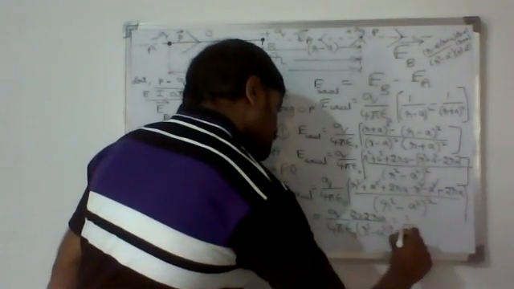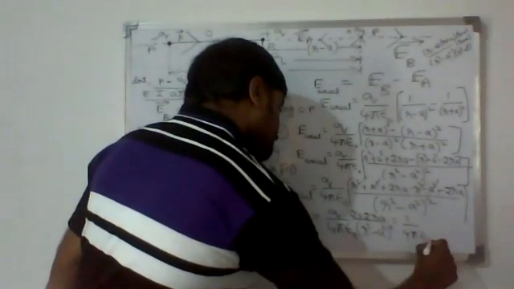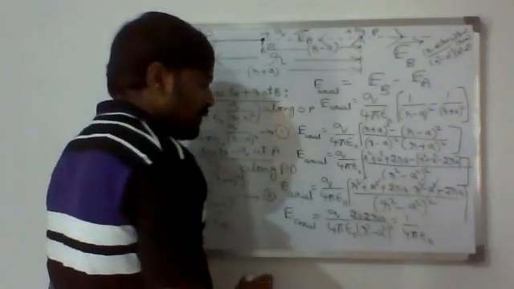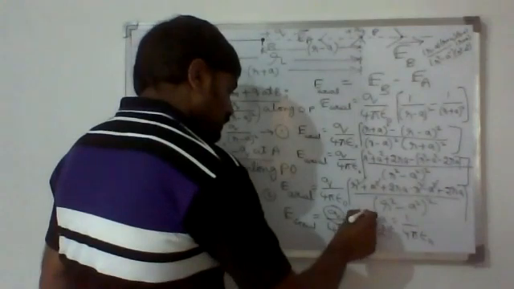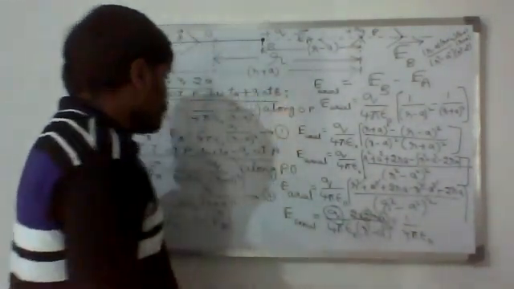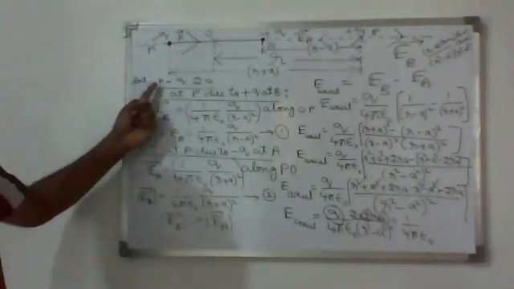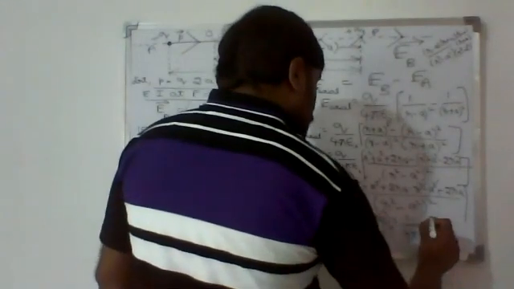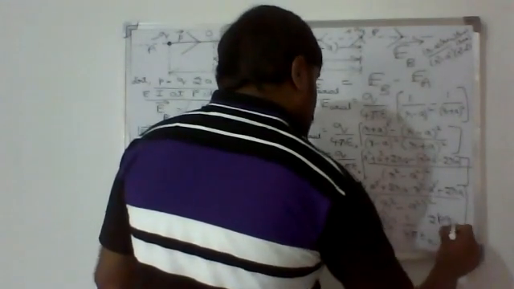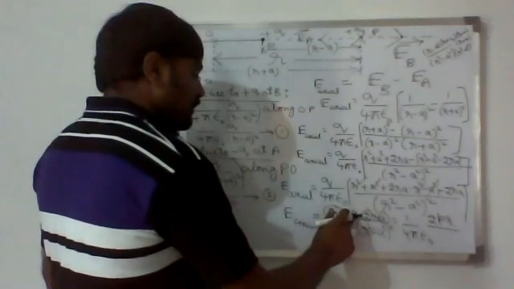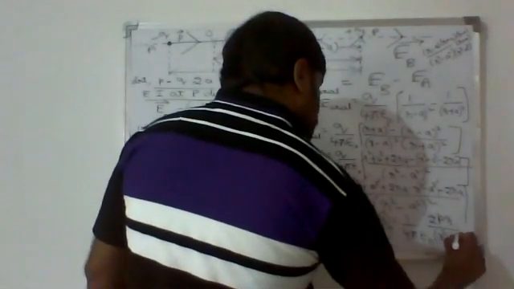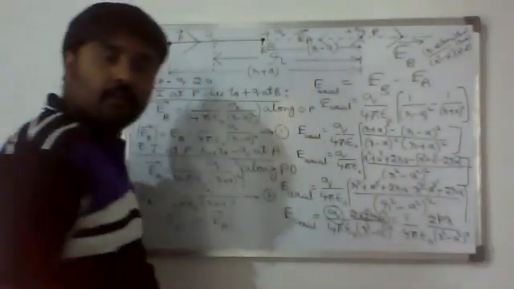And finally 1 divided by 4 pi epsilon naught, Q into 2a. What is that? That is p, the electric dipole moment. So 1 divided by 4 pi epsilon naught, 2pR divided by (R square minus a square) whole square.